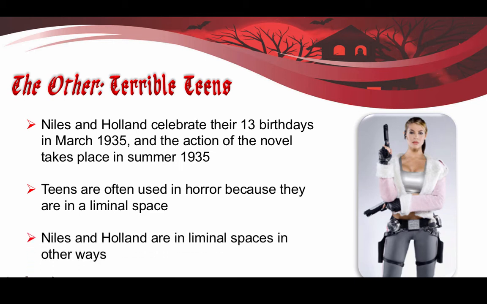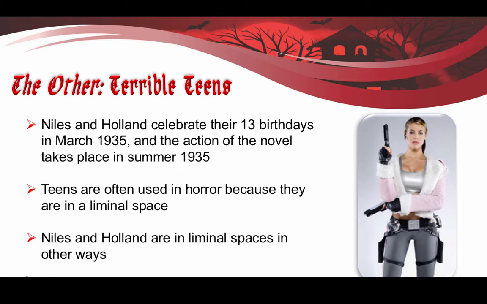Now, this gets a little complicated, and don't worry if you have trouble following it. I'm bringing this up as something that's kind of interesting and something that you can kind of play with in your mind, because I think it's pretty cool, but it's kind of complex too. Niles, and in a way even Holland, are in liminal spaces throughout the novel other than just being teenagers.